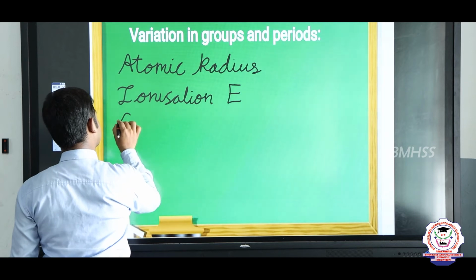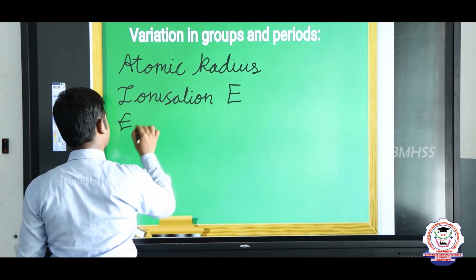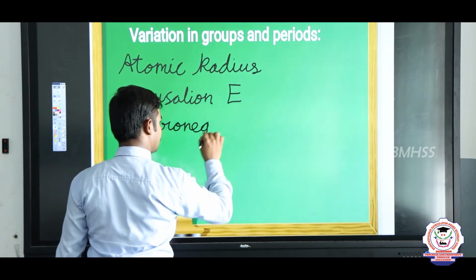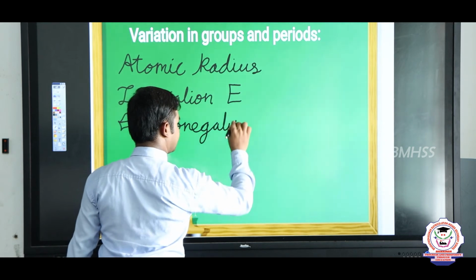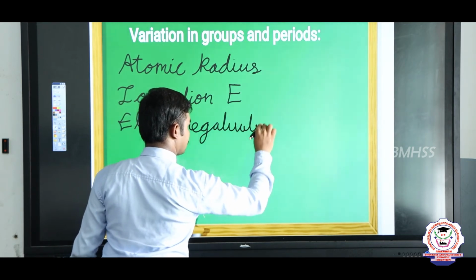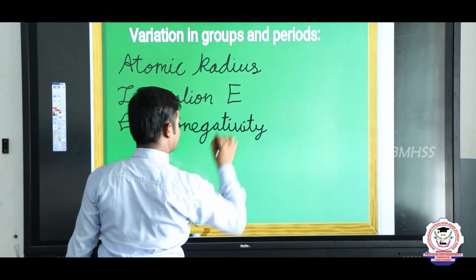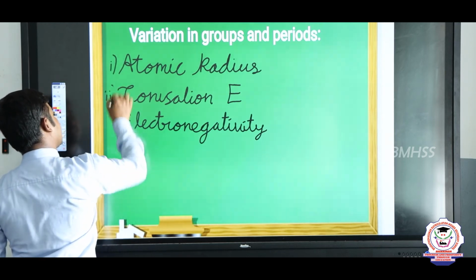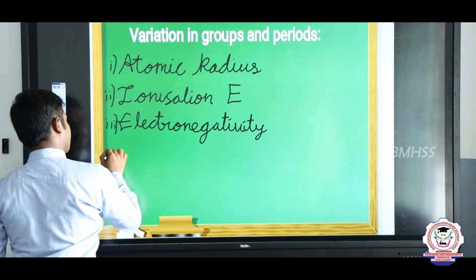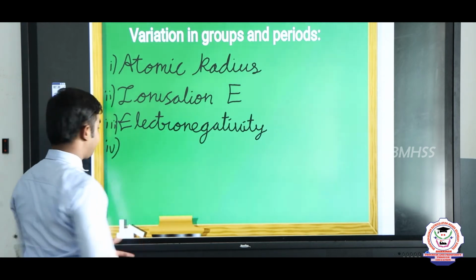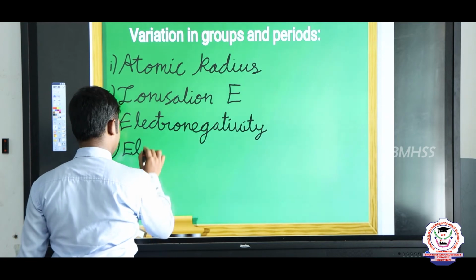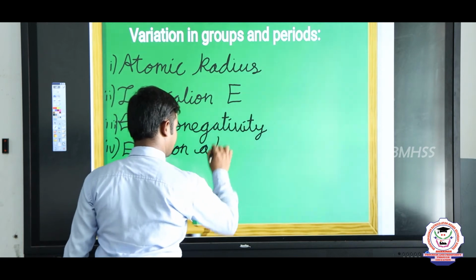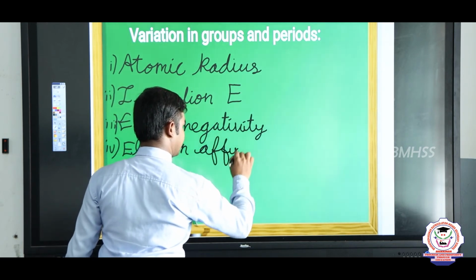Next one is electronegativity, and the fourth one is electron affinity.